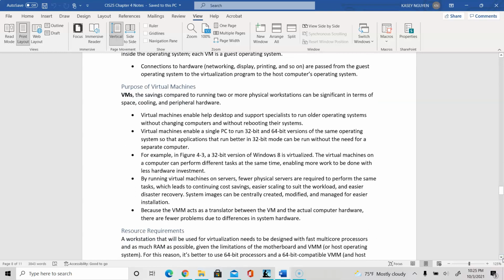It's just to be able to maximize your hardware by using software. So that way we can virtualize many different types of systems that would have server roles on one single machine. It saves us money, and it's also able to reduce maintenance and so on.